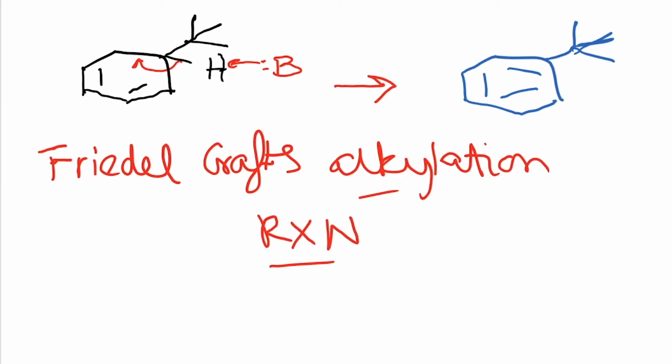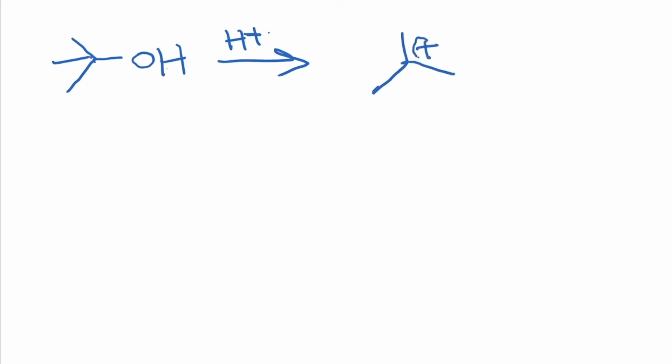All right, now let's go back to the example of the SN1 reaction. Here, if you imagine that the carbocation is indeed being produced when you take a tertiary butyl alcohol and add H+, then under these conditions as well, you would get a Friedel-Crafts type of reaction.